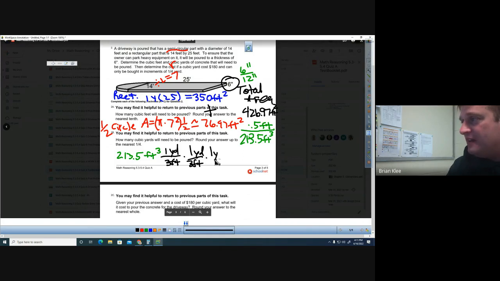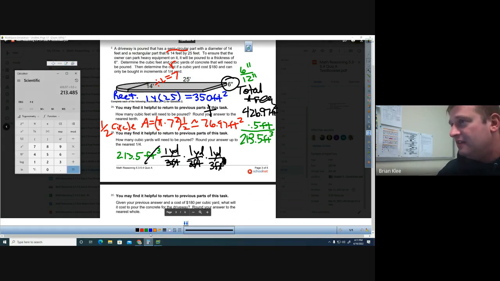I need to do that because now I have feet times feet times feet, feet to the 3rd power in the numerator, and 1, 2, 3 feet in the denominator cancel it out. So that 213.5 is pretty much sitting in my calculator. I divide by 3, I divide by 3, I divide by 3.